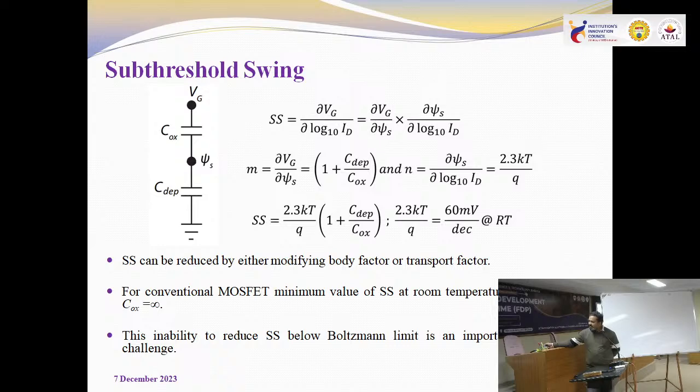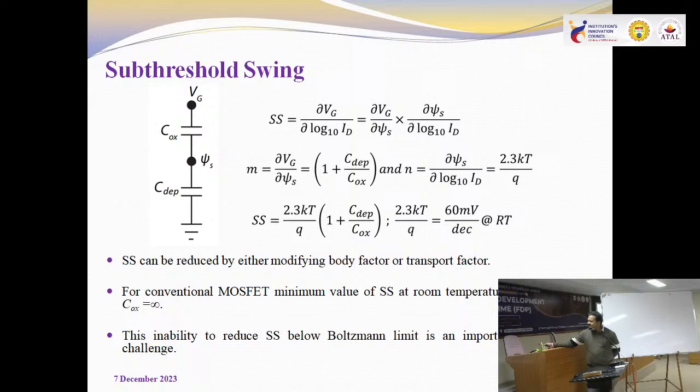Subthreshold swing is basically a combination of two factors. It is actually the variation in gate voltage with respect to the variation in log of drain current. I have expressed this as del Vg by del phi s, where phi s is the surface potential, into del phi s by del log Id.